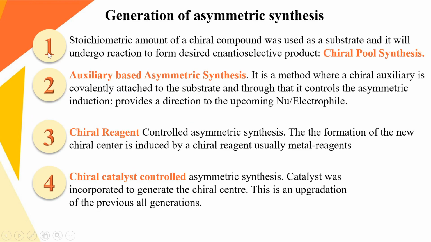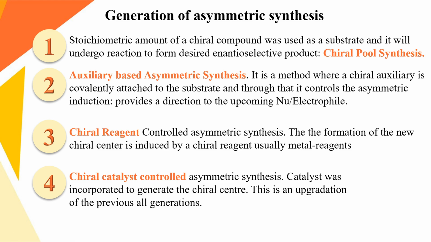In the first generation, in the beginning, to incorporate asymmetricity they used a stoichiometric amount of a chiral compound as a substrate. This chiral compound can be a naturally occurring chiral compound that is easy to extract.